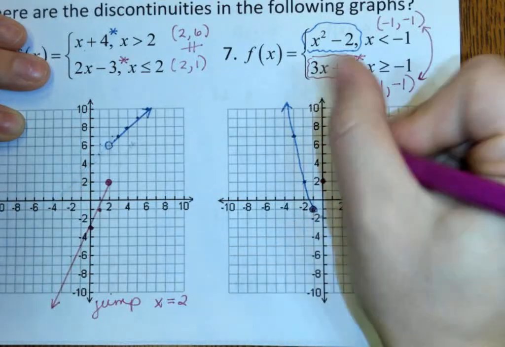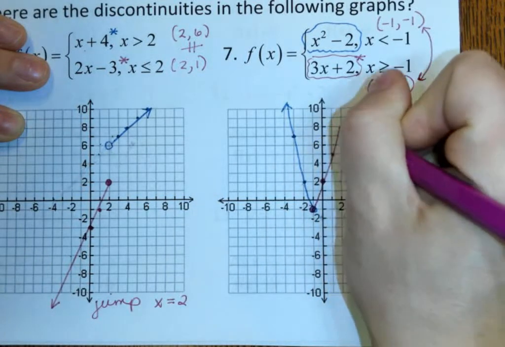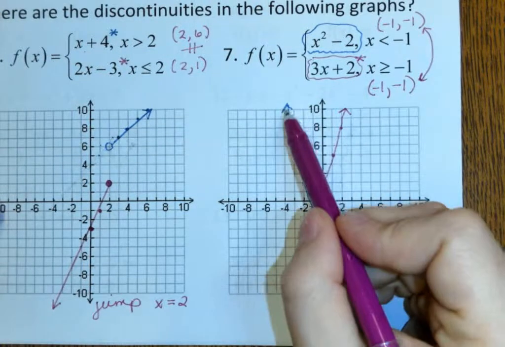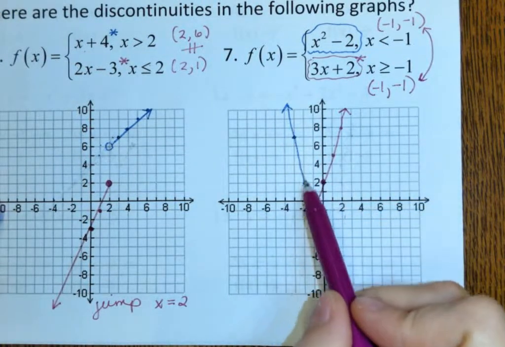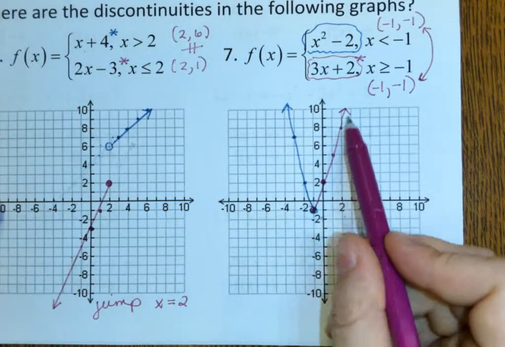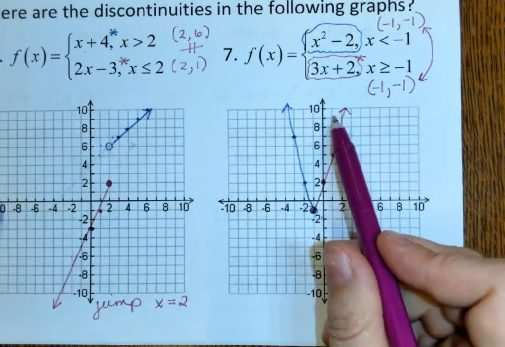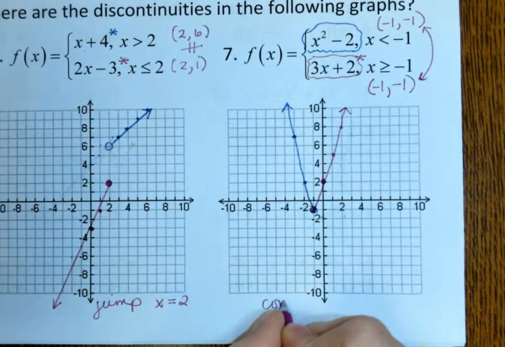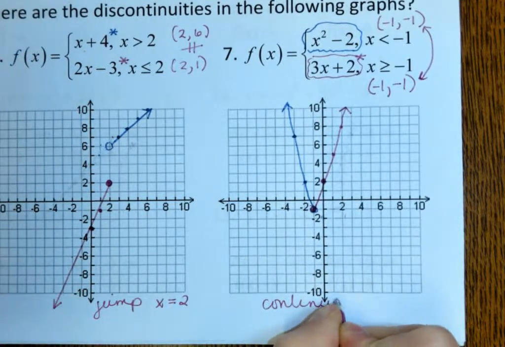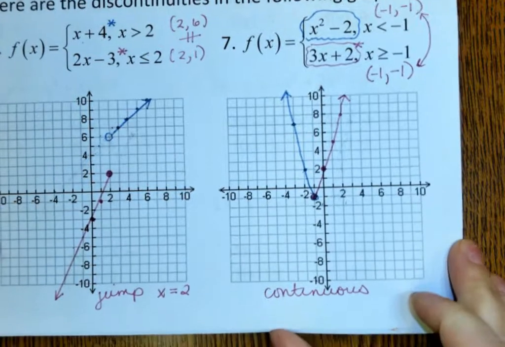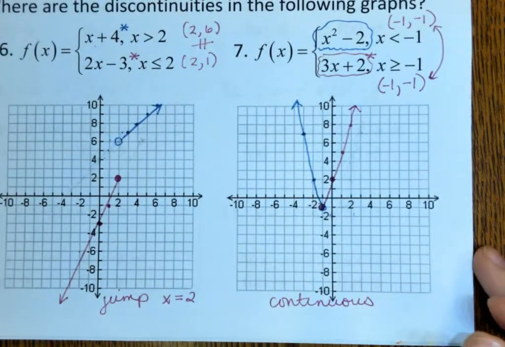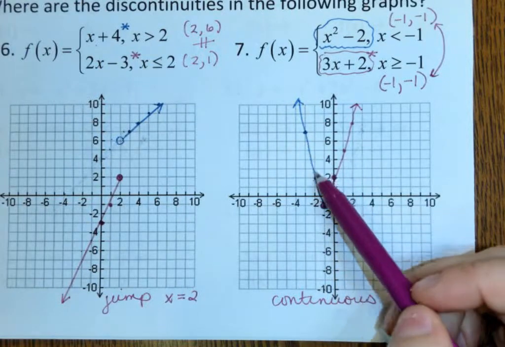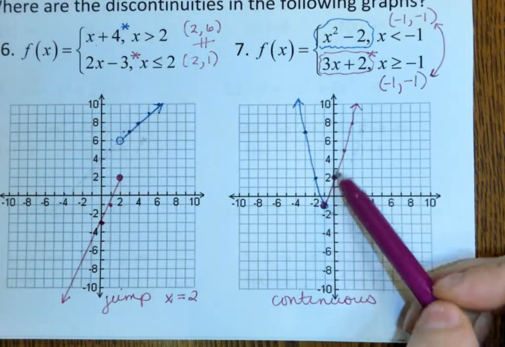Closed. And then it just goes right through. And so if I knew where this graph was going, I could technically draw this down, down, down, down, down without picking up my pen or my pencil. And so this guy is continuous. Nice continuous function. Looks kind of weird, but it's continuous because there's no place where I'd actually need to pick up my pencil or my pen to draw that picture.